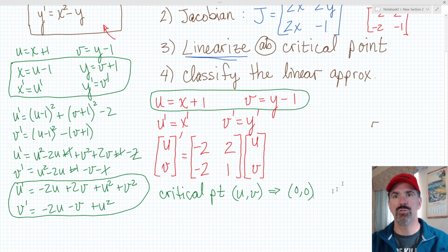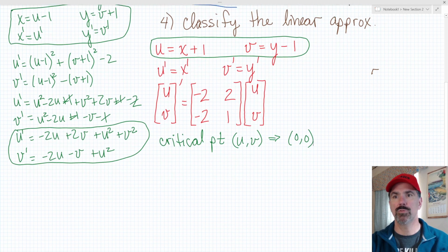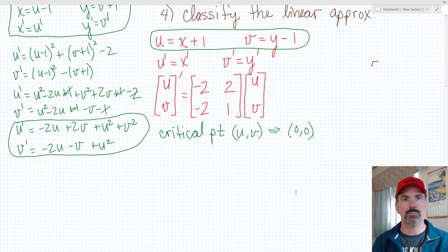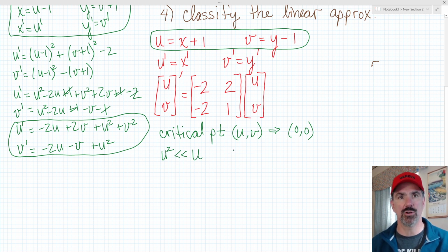Well, to do that, we're going to realize that for values near 0, everything that has a power greater than 1 is much less than the linear term. So, for example, if u is equal to 0.01, u squared is equal to 0.0001.